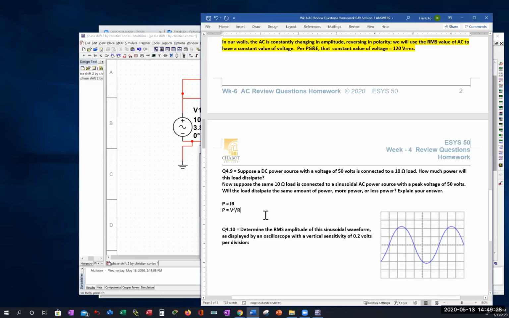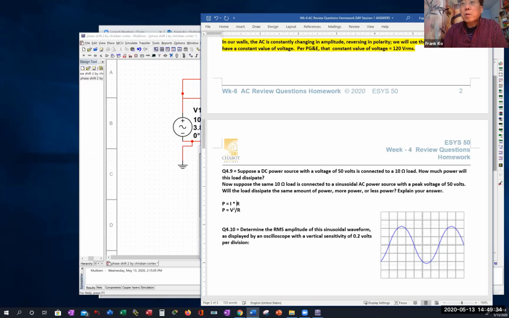All right. So you have this. You have this. Okay. Now, all right. So that being said, let's go ahead and take a look and see what we've got going with respect to this 10 ohm load.